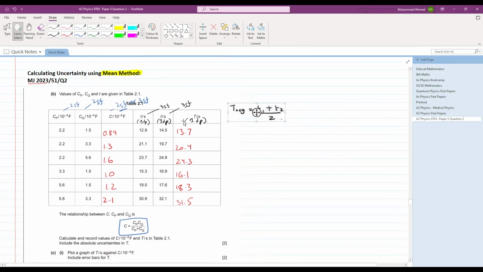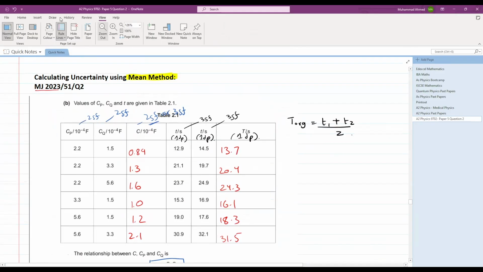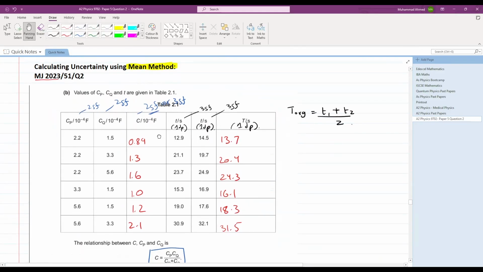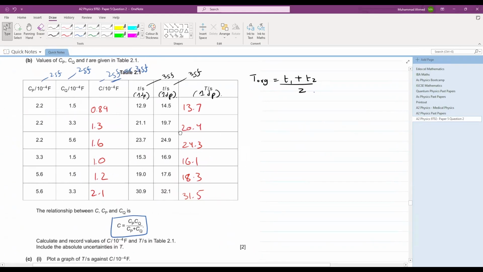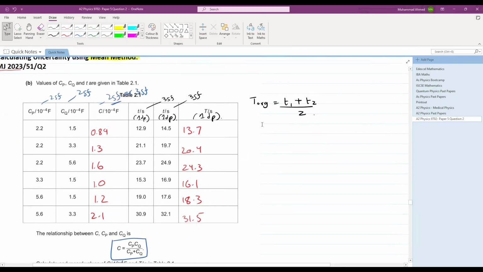We are averaging them to calculate the mean time. Now always remember, whenever you are calculating a mean time or an average time, what happens to your uncertainty? How will you calculate the uncertainty when you are calculating an average time or a mean time?